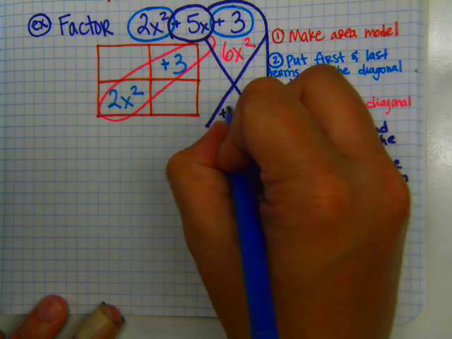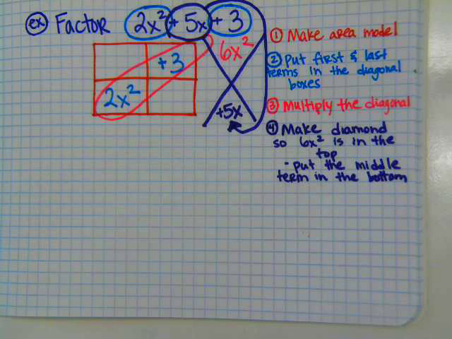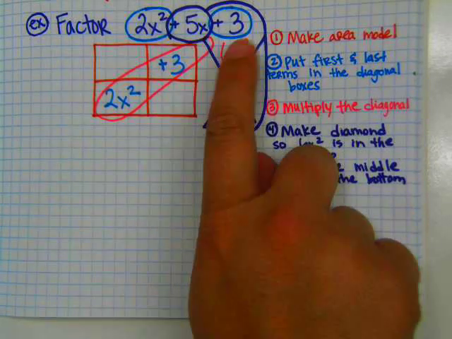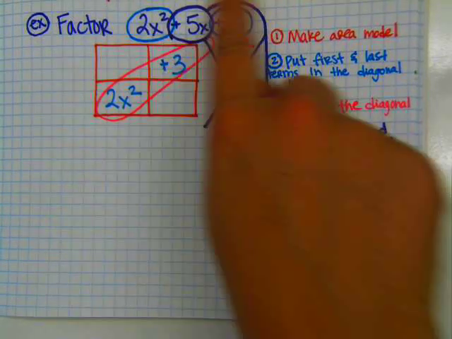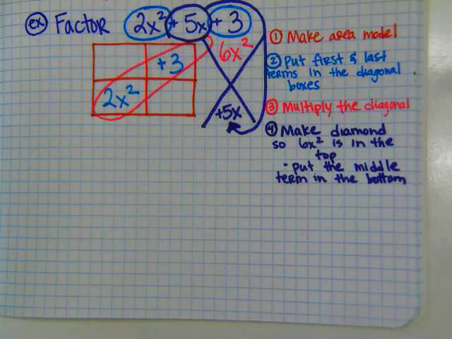So plus 5x. So we make the diamond, so the 6x squared's in the top, and then we put the middle term down in the bottom. Okay? So, step 5.